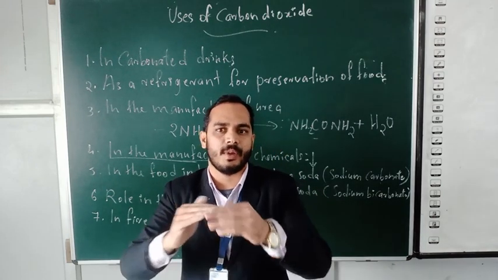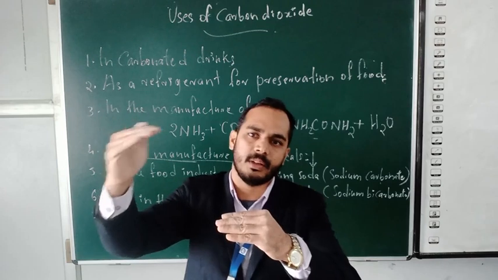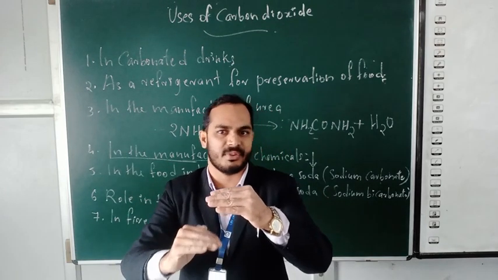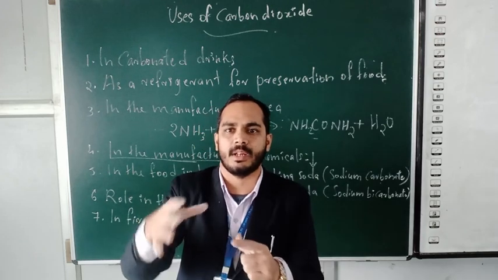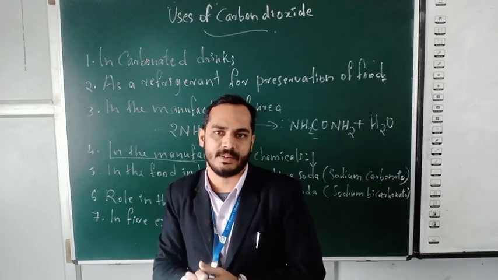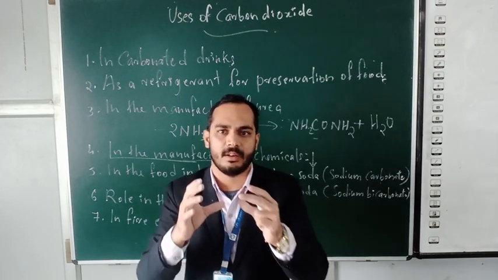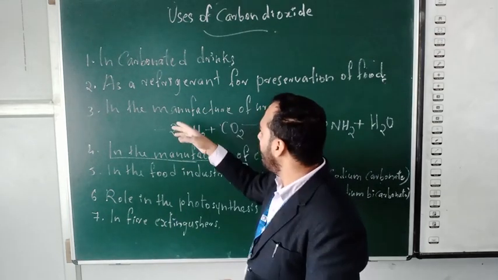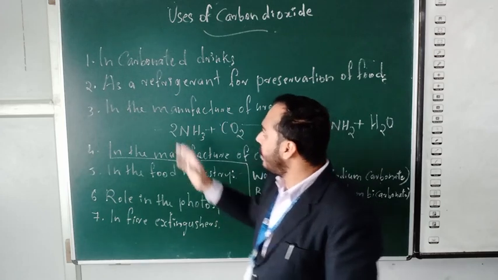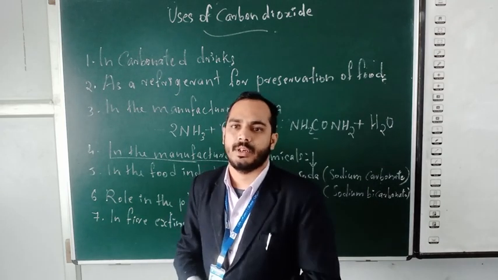After that, there is no contact between air and the combustible substance. It makes a small blanket between the air and the combustible substance. In this way, the fire is cut off. Okay. So these are the main uses of carbon dioxide in life.